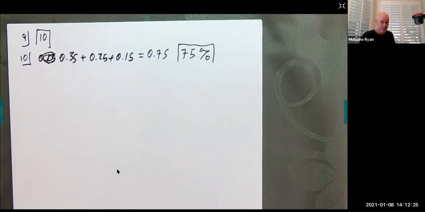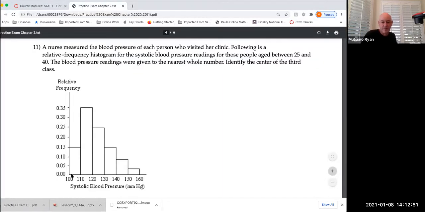This one, same information. They want to identify the center of the third class. So here's the first class, second class, third class. And what's the center going to be? Well, all I'm going to do is take the mean. 120 plus 130 divided by 2, that's going to give me 125. Oh, I didn't switch it, sorry. So here we have our third class. First class, second class, third class.